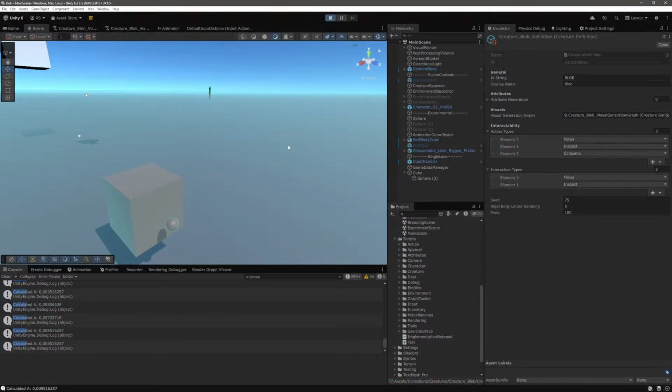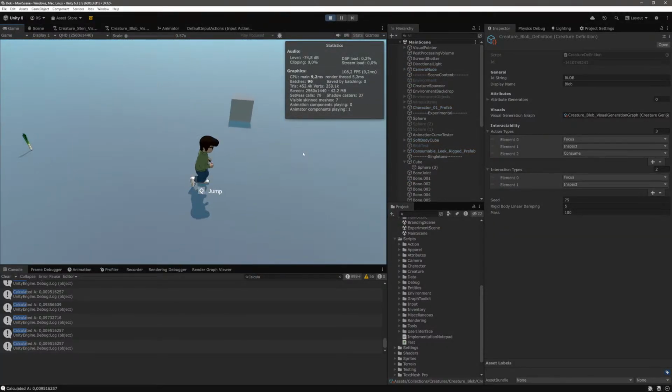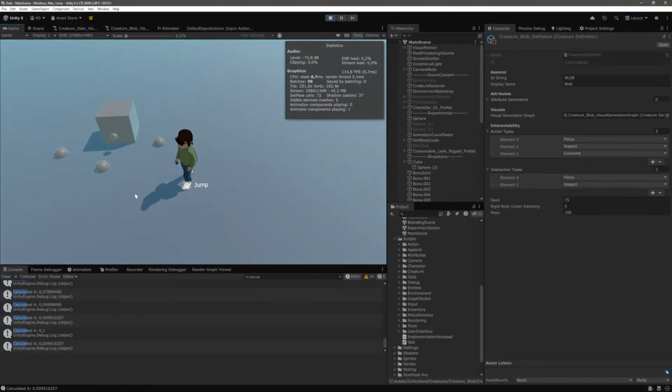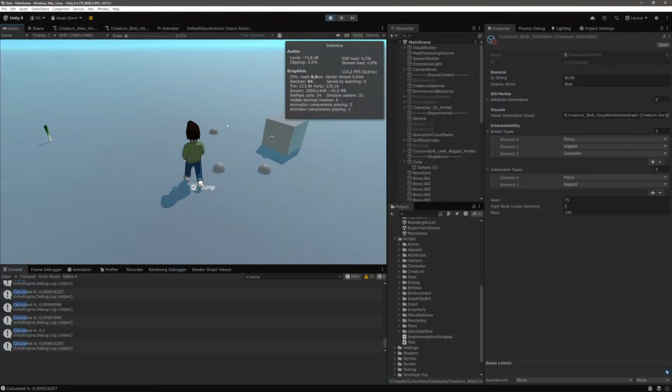Then let's try it. Yeah, it's still 2. I mean, it looks pretty cool, but it's not enough.